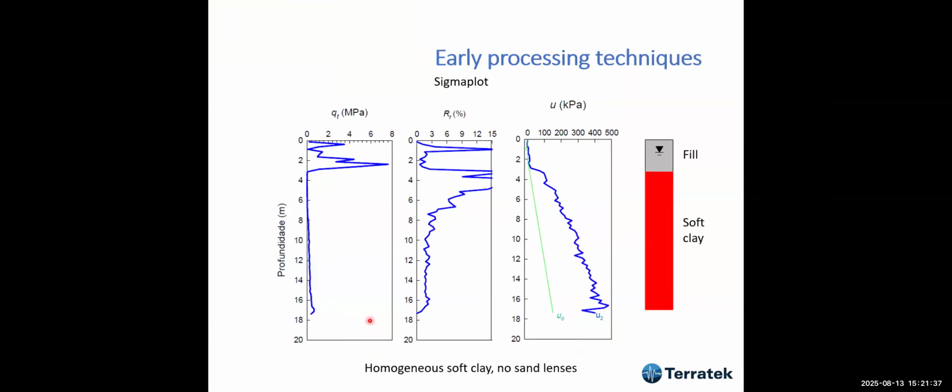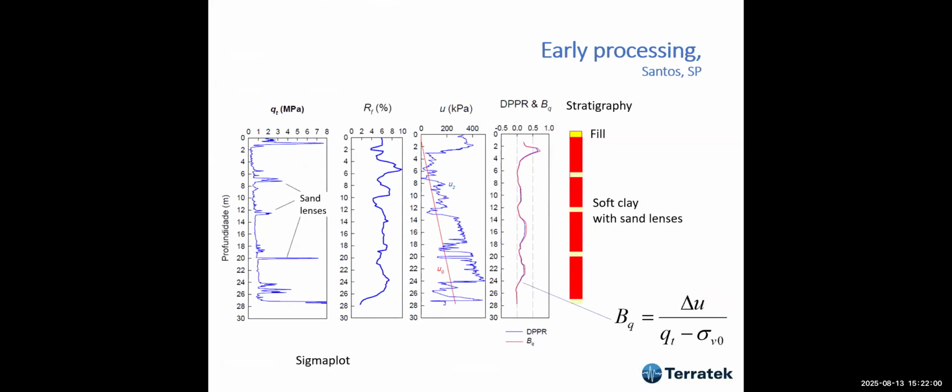This is the kind of program I wrote while I was at UBC. For early processing techniques, we used the CPT software written by Campanella and his team, but it didn't plot. So I decided to plot the results to do the analysis, and this is what I did at the time.